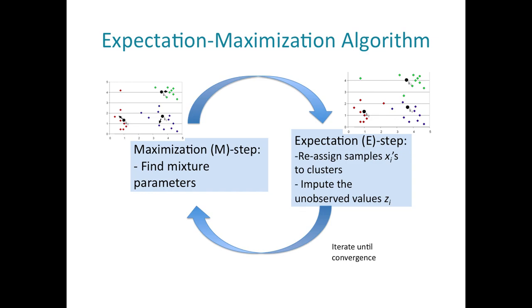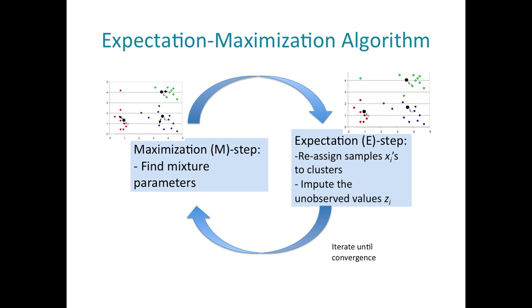And in the expectation step, we compute the probability of a given sample being a member of one of the k clusters, assuming specific mixture parameters, right? And then once we compute that, we can impute the labels for each of the data points.